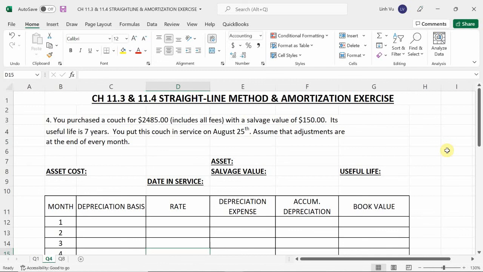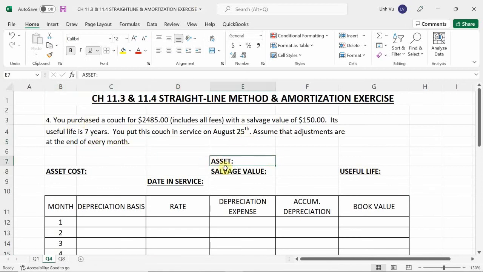Its estimated useful life is 7 years, and you put this couch into service on August 25th. Assume that the adjustments are done at the end of every month. So there's your key phrase here: at the end of every month.